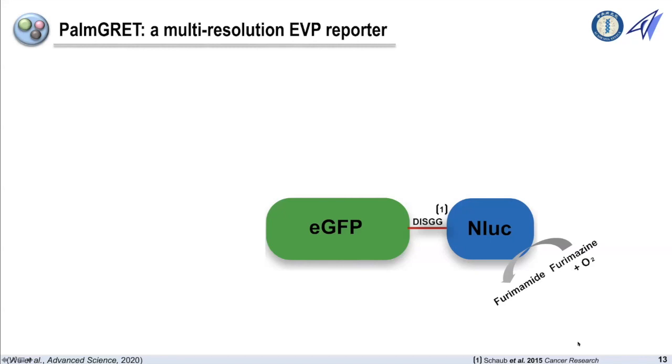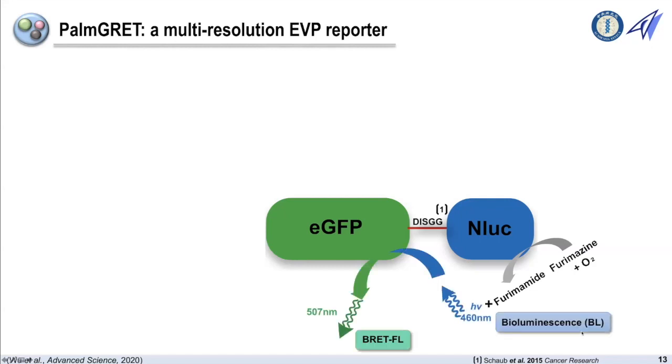So after NanoLuc catalyzes furimazine into furimamide, the first output is bioluminescence. After bioluminescence emission, the energy resonates to excite the adjacent fused GFP, giving the BRET-induced fluorescent signal. This is the second modality.